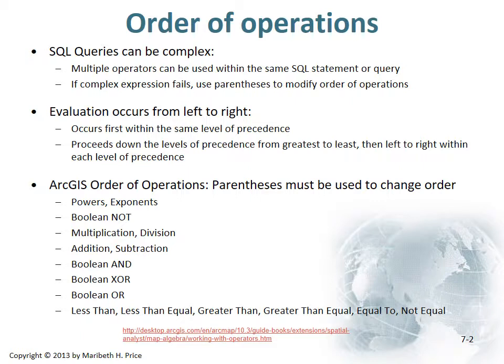So first, powers and exponents, and then Boolean not, multiplication and division operations, followed by addition and subtraction, then the Boolean and, XOR, and OR, in that order, and finally the relational statements, less than or equal to, greater than or equal to, or not equal.